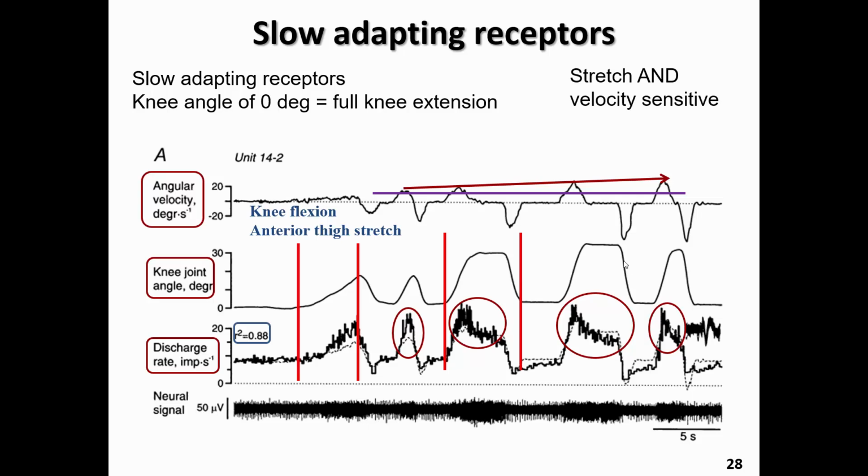This indicates that the sensory neurons embedded within the skin that are part of the lateral femoral cutaneous nerve were not just stretch sensitive, but were also velocity sensitive as well.